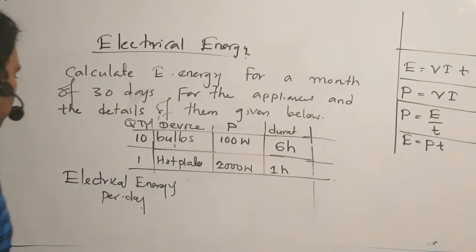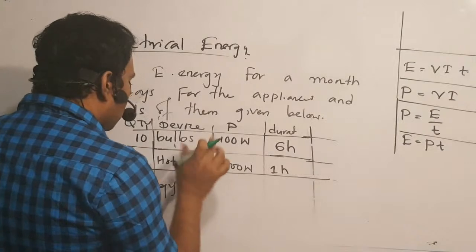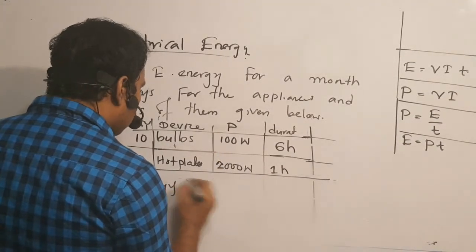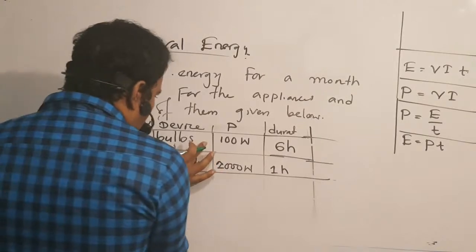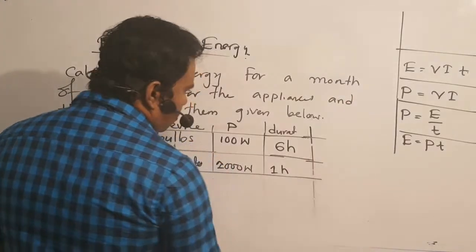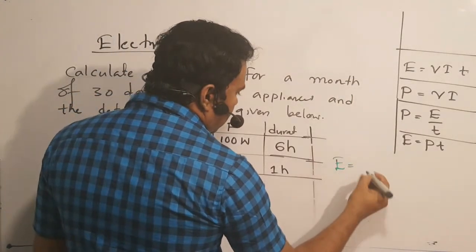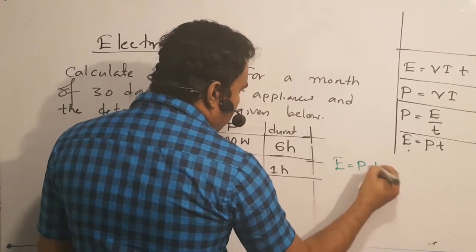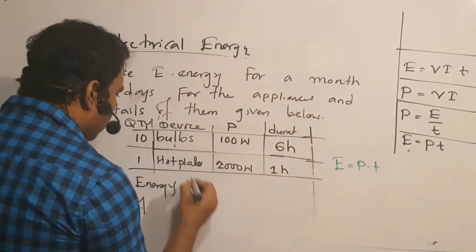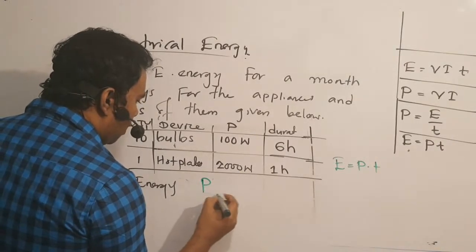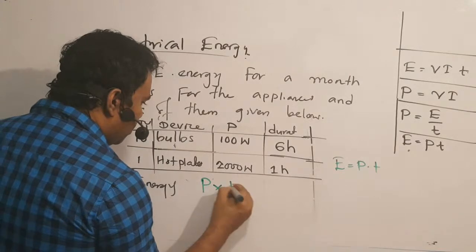In that case, electricity per day, let's first work out the bulbs. 100 watt. Electrical energy equals power into time, so that equals the power of the bulb and the duration.